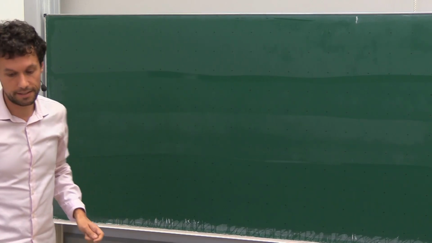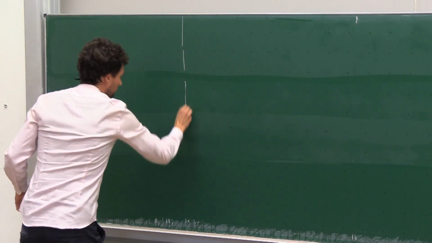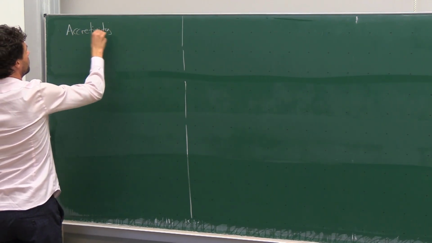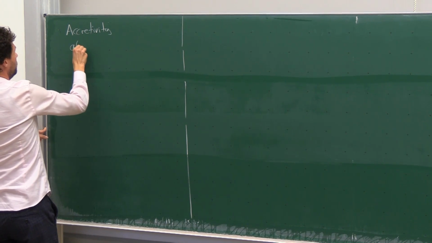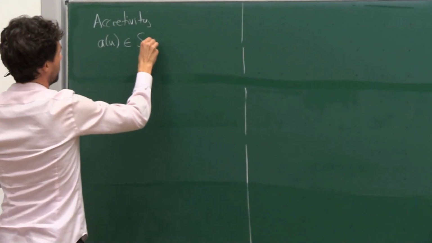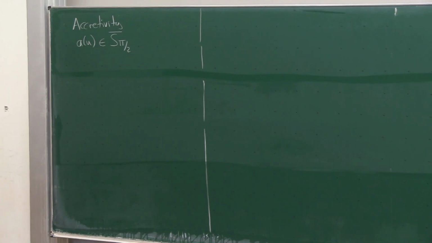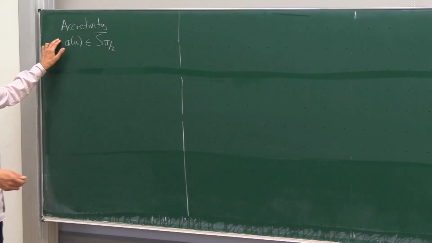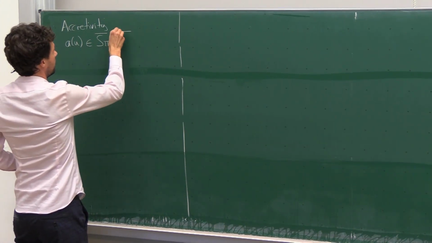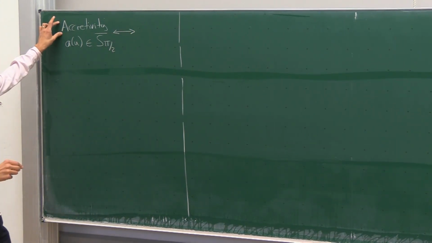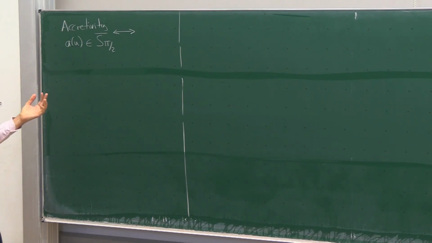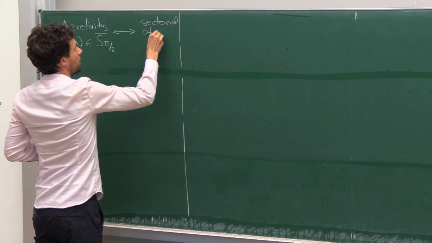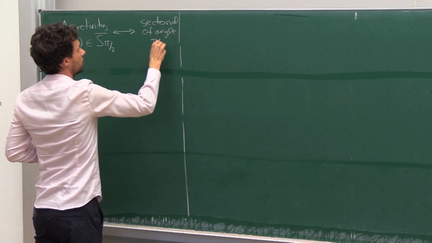So accretivity means that A of U is always an element of the closed sector of opening angle pi over 2. It's the same thing as saying that the real part is positive. This was accretivity, and then an elliptic, bounded, and accretive form gave me an operator that is sectorial of angle pi over 2.